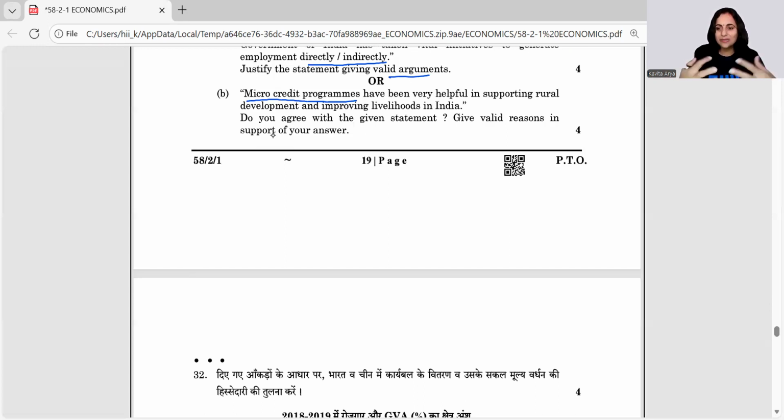They bridge the gap between demand and supply. Demand is there, but supply of formal credit is not there. Why? Because people do not have anything for mortgage, right? They do not have any properties or documents to be given as a mortgage. So microcredit programs are a boon to them.